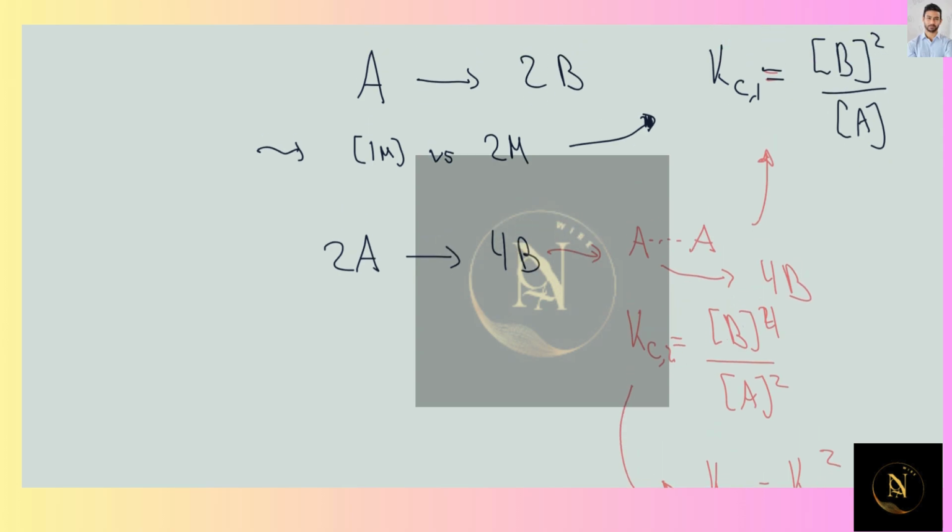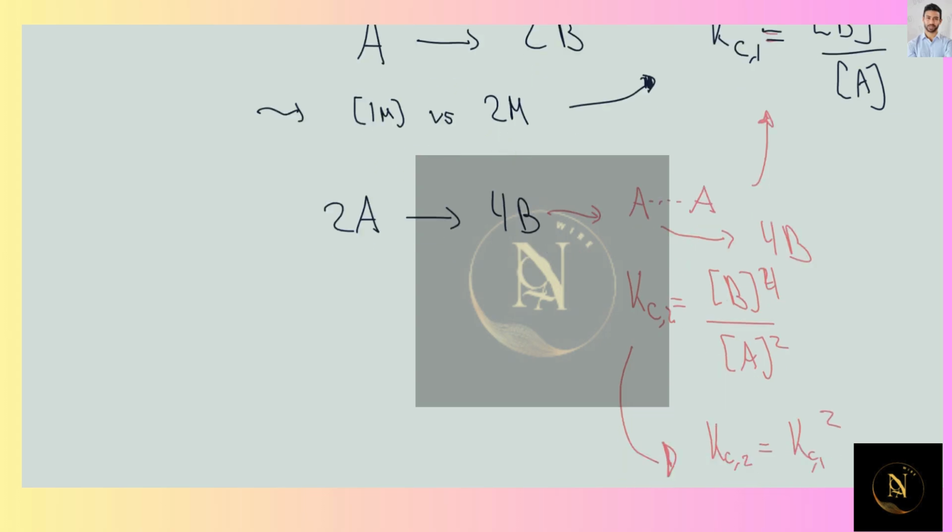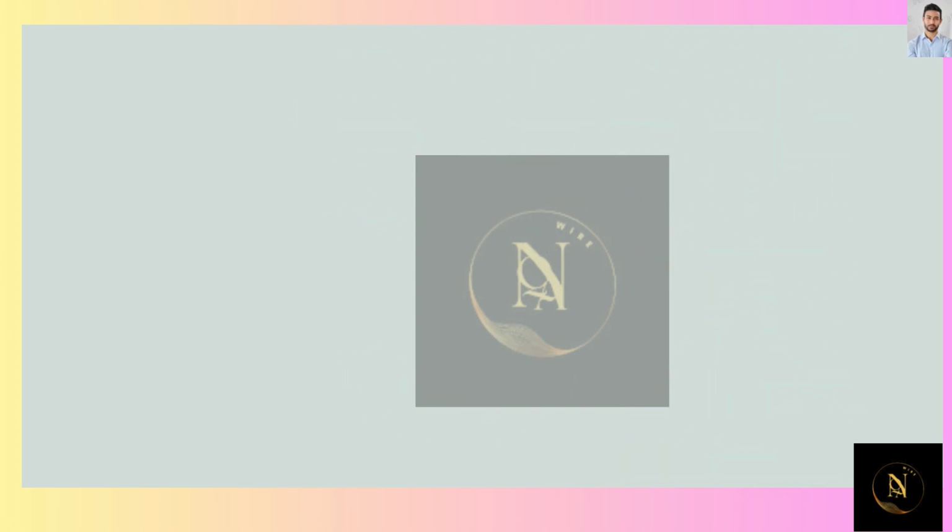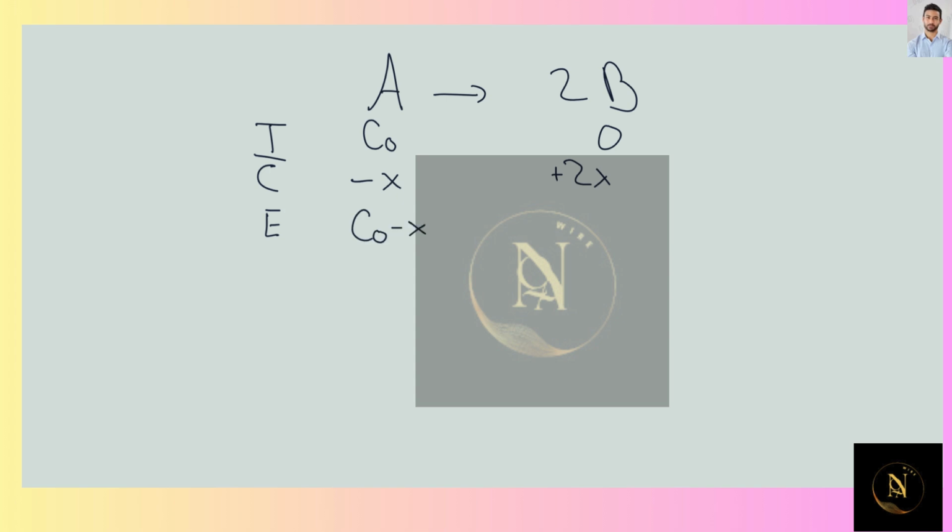If we multiply a chemical reaction by any factor, the equilibrium constant is going to go as squared. So essentially, what you are doing when you're changing your concentrations is that in your ice table, the initial concentration is going to change. So in this case, it would be minus x, plus 2x. At equilibrium, you would have C0 minus x and 2x.